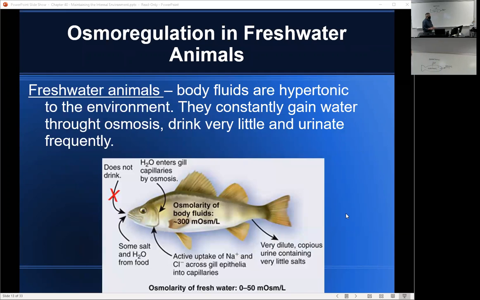Okay, so finally we have freshwater animals. In freshwater animals, the body fluids are hypertonic to the environment. Okay, so this is for marine fishes. For fresh fishes, we have the opposite situation.